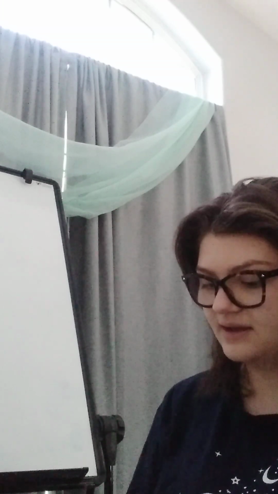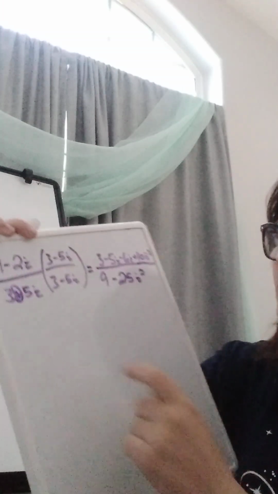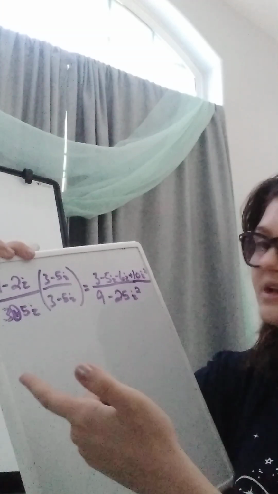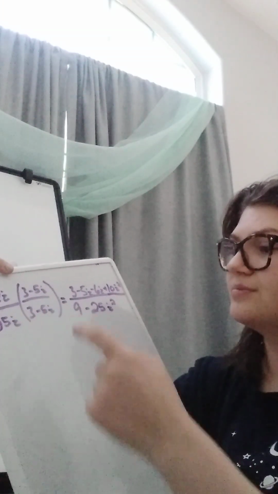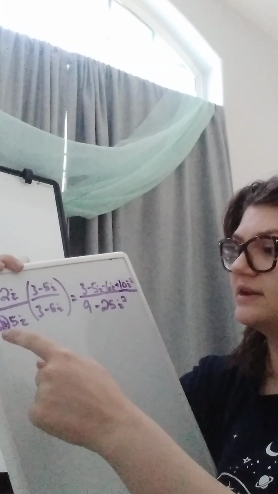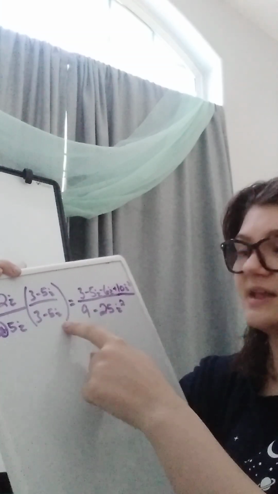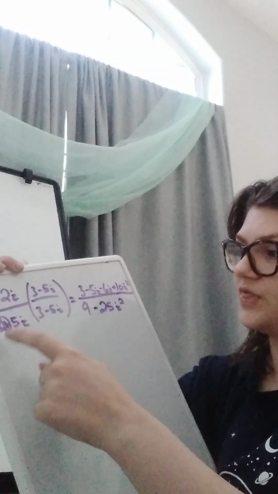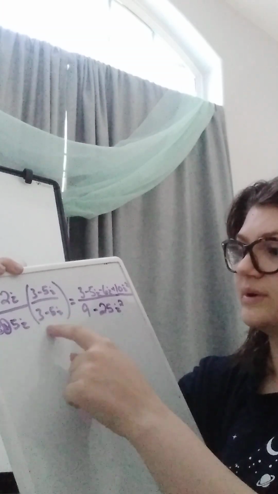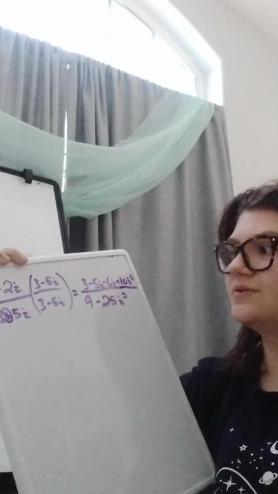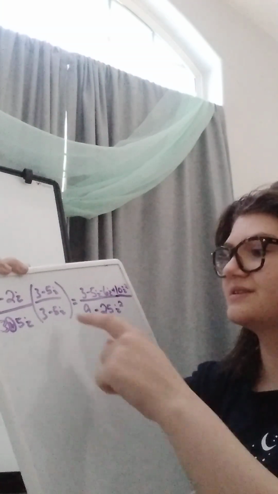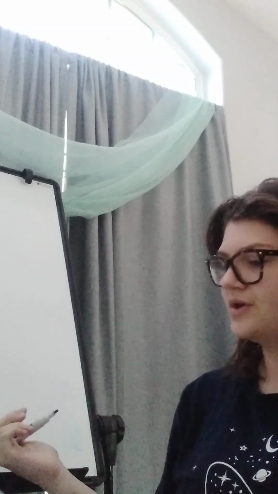And then negative 2i times negative 5i is going to be a positive 10i squared. Remember in the denominator, because it's the conjugate, all we have to count on is the 3 times 3 and the 5i times negative 5i, because the 3 times negative 5i and the 3 times 5i are going to cancel out because of that negative term there.